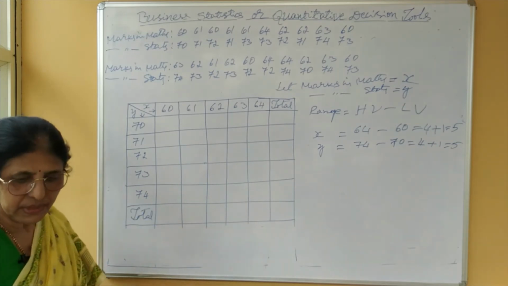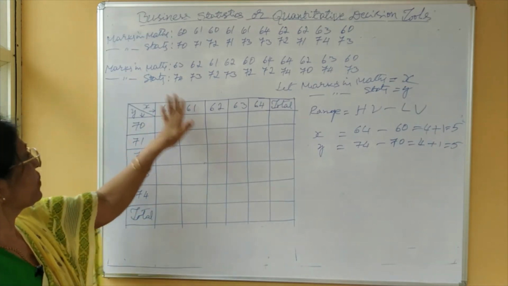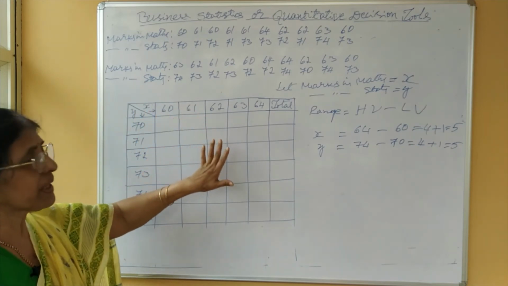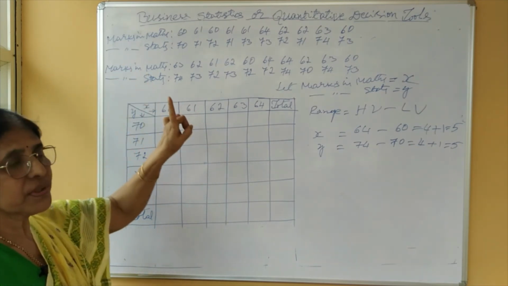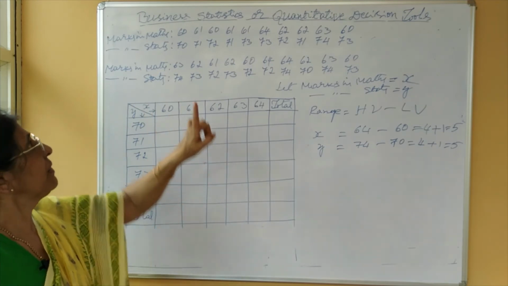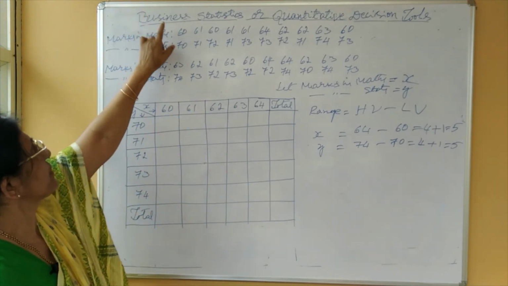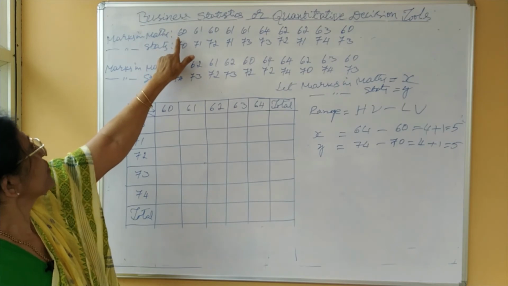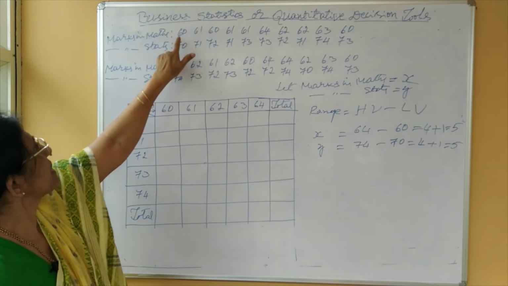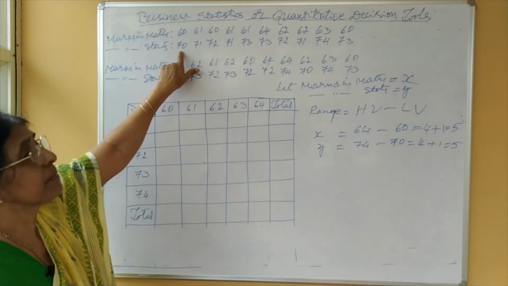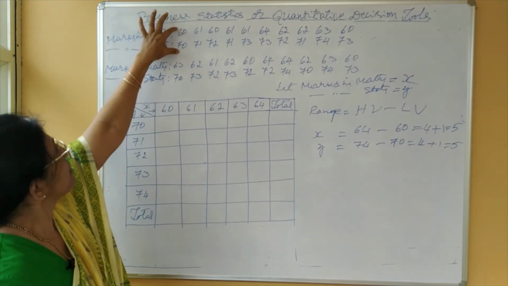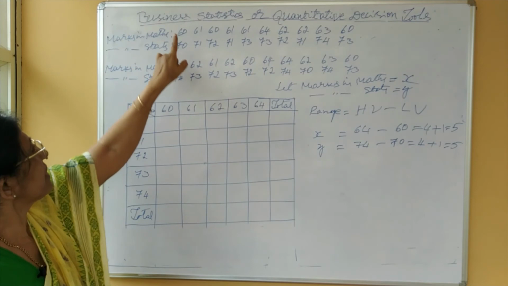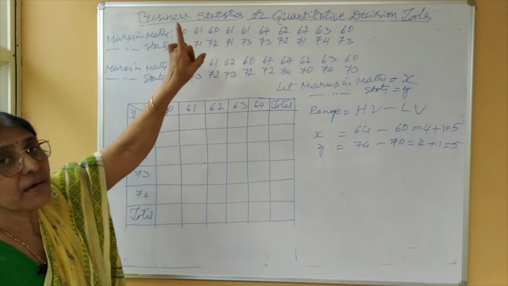Okay. Now, I have told you, in case of a bivariate frequency distribution table, we have to put one tally bar for each pair of values. It means a student who has scored 60 marks in mathematics has scored 70 marks in statistics. For both the values, this is a pair of values.